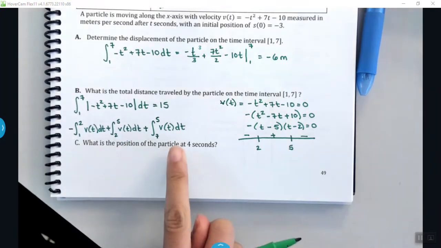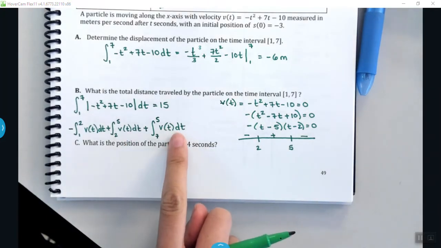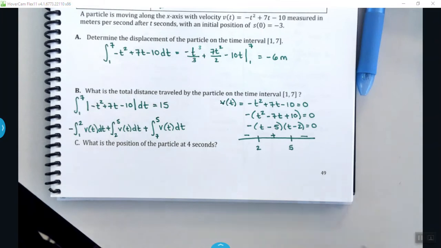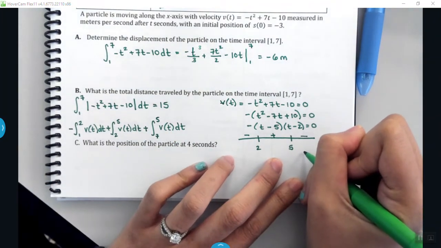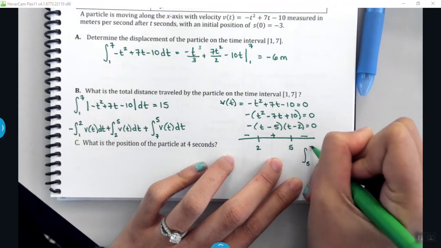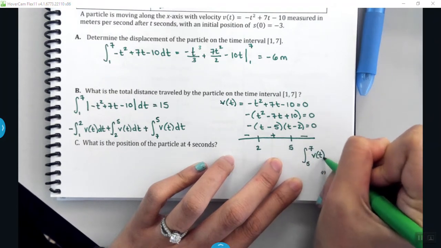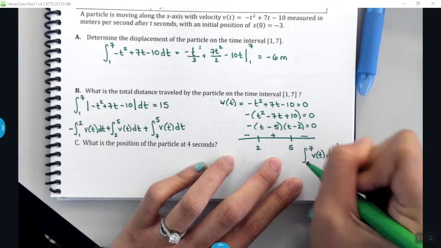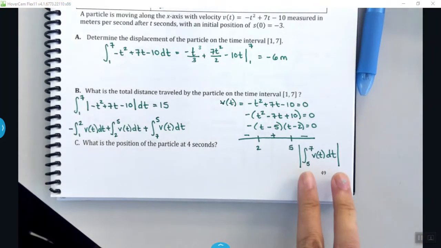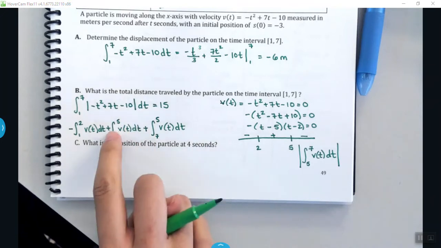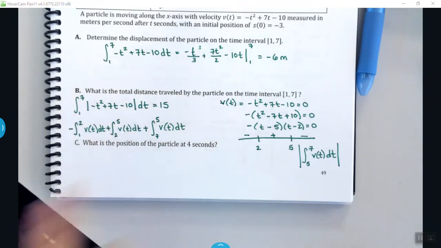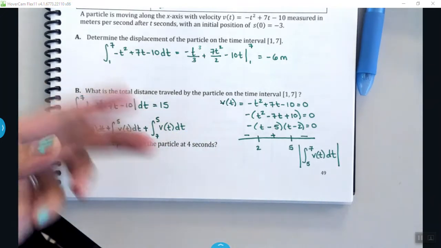That makes it positive as well. A third way is to go integral from 5 to 7 of v of t dt, but then put absolute values around it at the very end. But you don't really see this very often. You either see it with the minus or with the flip of the bounds.